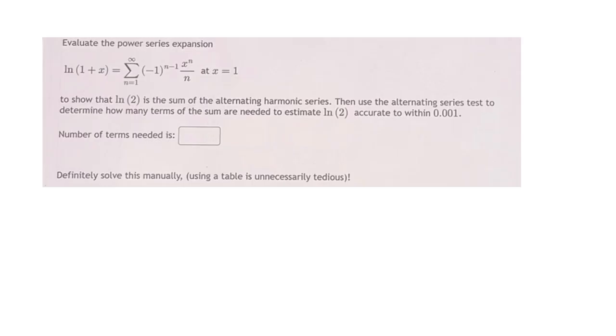Use the alternating series test to determine how many terms of the sum are needed to estimate ln of 2 accurate to within 0.001. So this is where you need to be clear about the error situation, and that is the following. So for my student watching, this is a decent thing to remember.